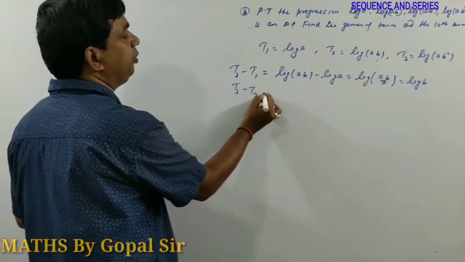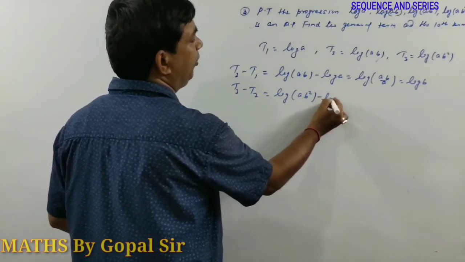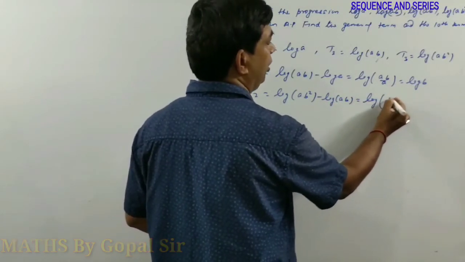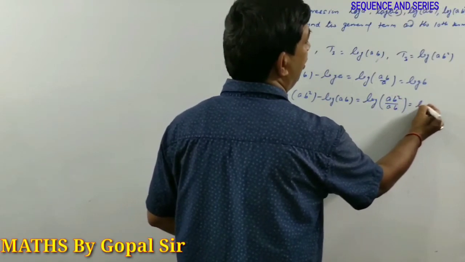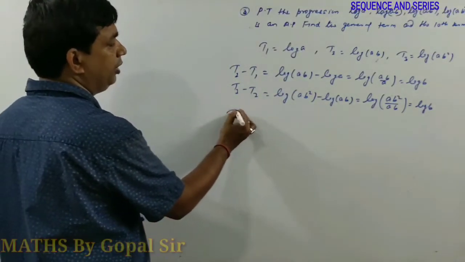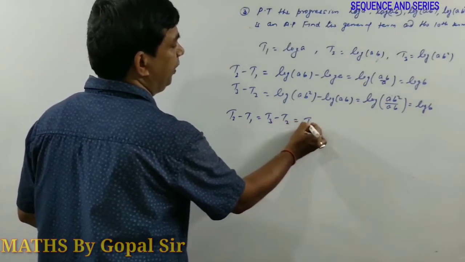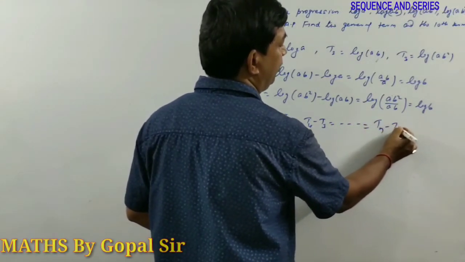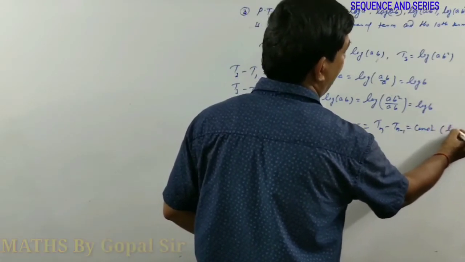T3 minus t2 is log ab² minus log ab. So we can write this as log ab² by ab, which is log b. So we observe t2 minus t1, t3 minus t2. In this way, t4 minus t3, up to tn minus t(n-1), it is constant, and that constant is given by log b.